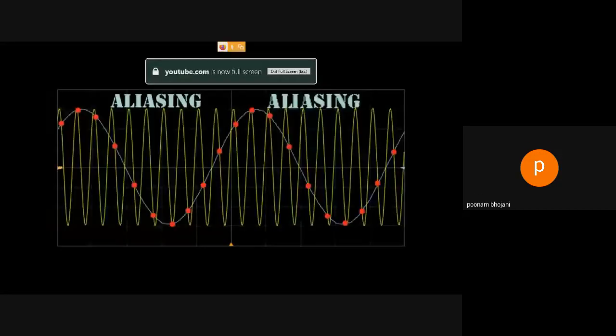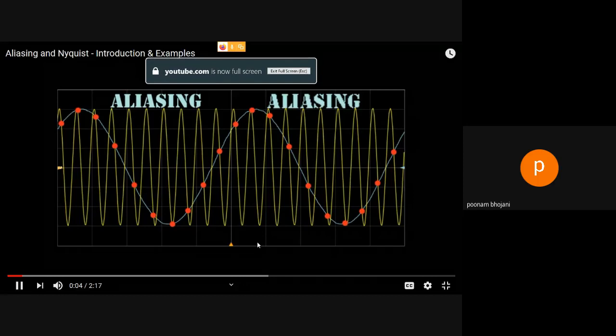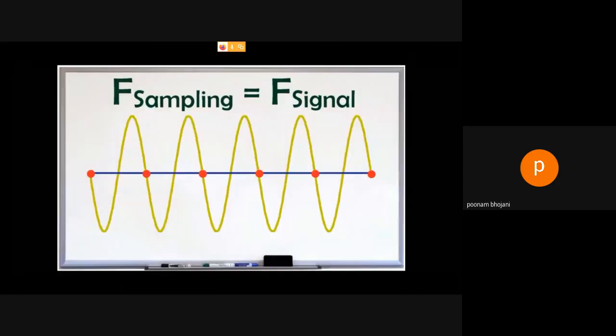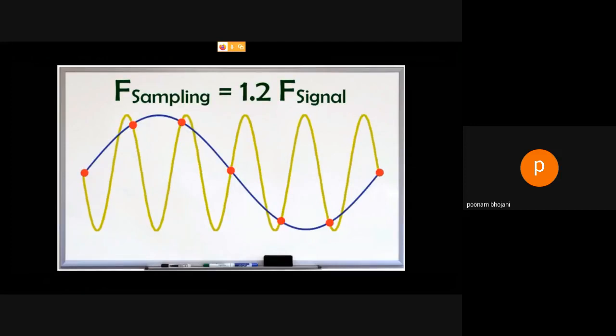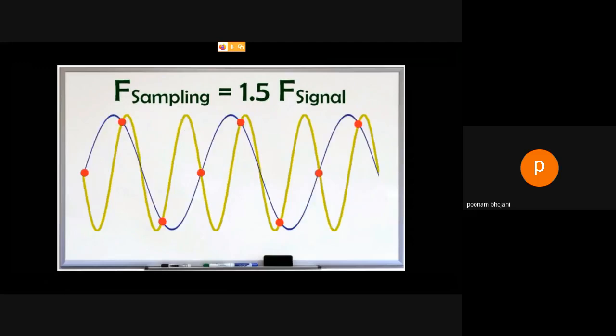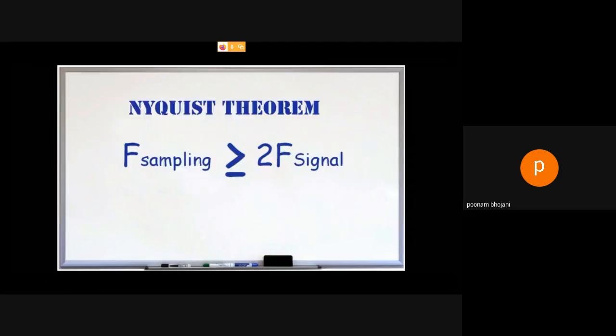Aliasing is the effect of an insufficient sampling when a signal is digitized. The effect results in a false digitized signal with a frequency lower than that of the original analog signal. The frequency of the aliased signal can be anywhere from DC up to 1/2 of the sampling frequency. According to the Nyquist theorem, the sampling frequency must be at least twice the highest frequency contained in the signal to avoid aliasing.